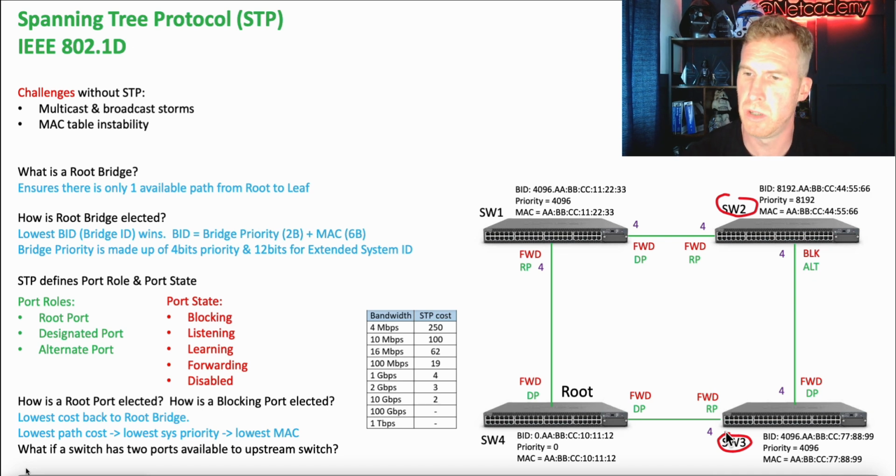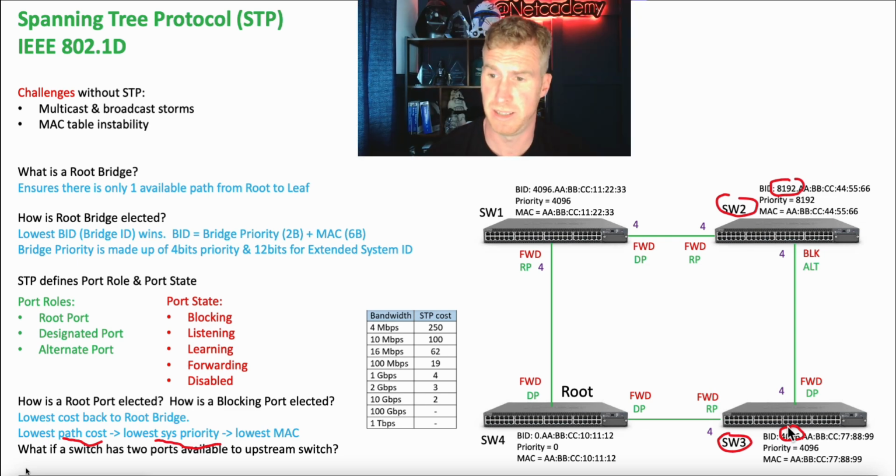First we look at the path cost, but then system priority. So this has a priority of 8192. This has a priority of 4096. Well, that's that at the end of the day.